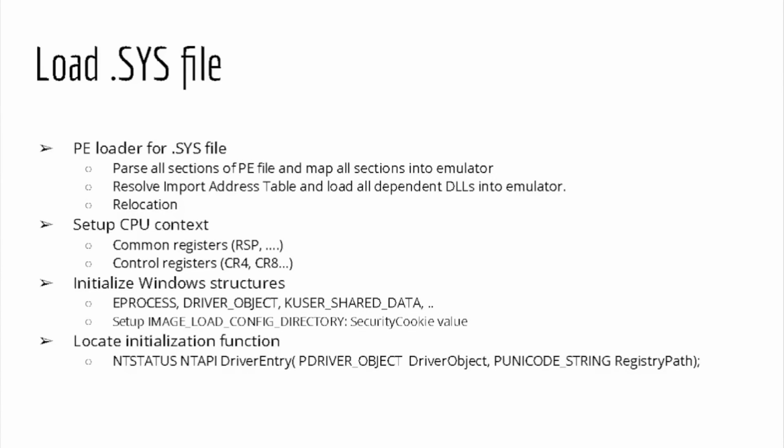The third step is initializing some important structures such as the driver object and process, and the last one, I prepare for DriverEntry. It is the first driver callback and is used to initialize the driver.